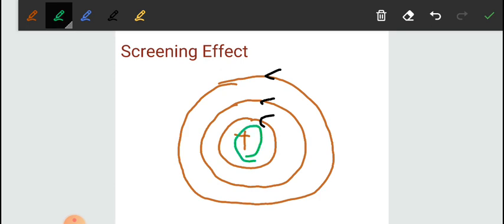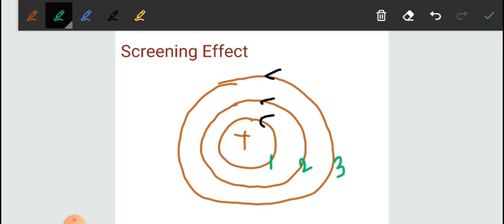Means electron is a charge, and nuclear charge is responsible for binding of the electron inside an atom. One more thing I can conclude here. You can see from the diagram, this is first shell, this is second shell, this is third shell. As you can see, the distance of the first shell is very small compared to the second and third shell.